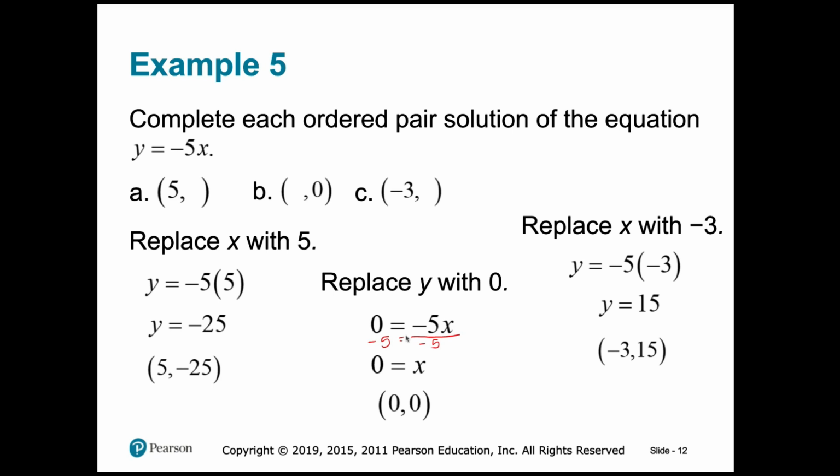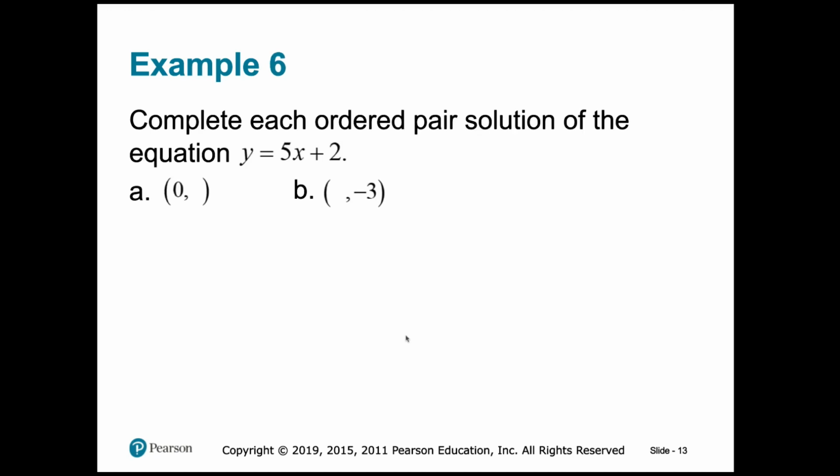Okay, let's look at our last example. This time we have a new equation. In this equation we have 0 and whatever we're finding. Is our 0 x or y? It is x, so we are inserting that 0 where the x is.